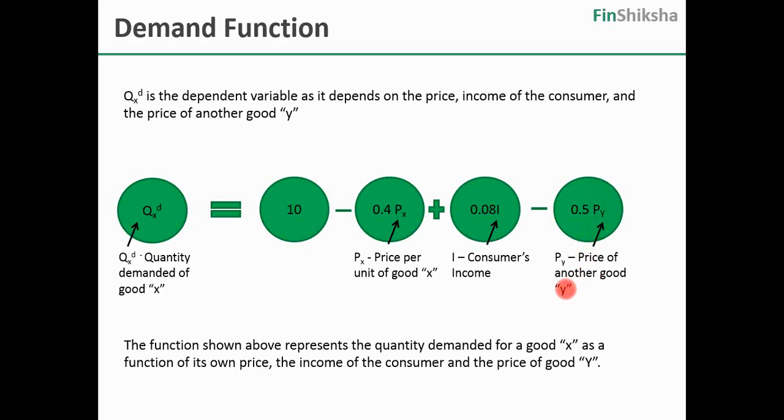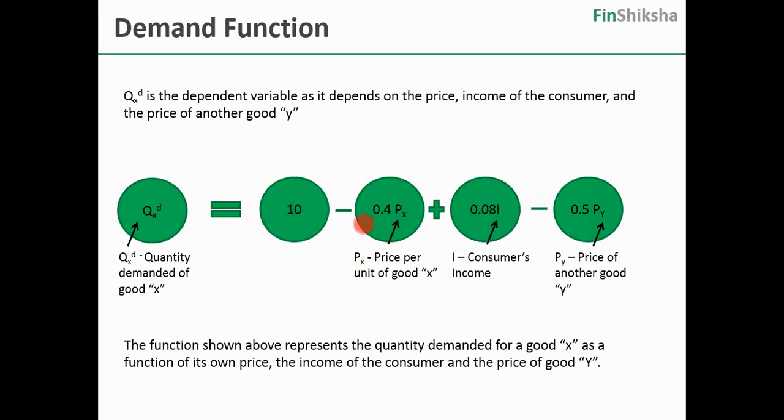So let's say the quantity demanded of petrol would depend on the price of petrol, my income as a buyer, and the price of diesel as well. Correct? Because if the price of diesel goes up, then what happens to the quantity demanded for petrol? That also becomes an important part of the equation.